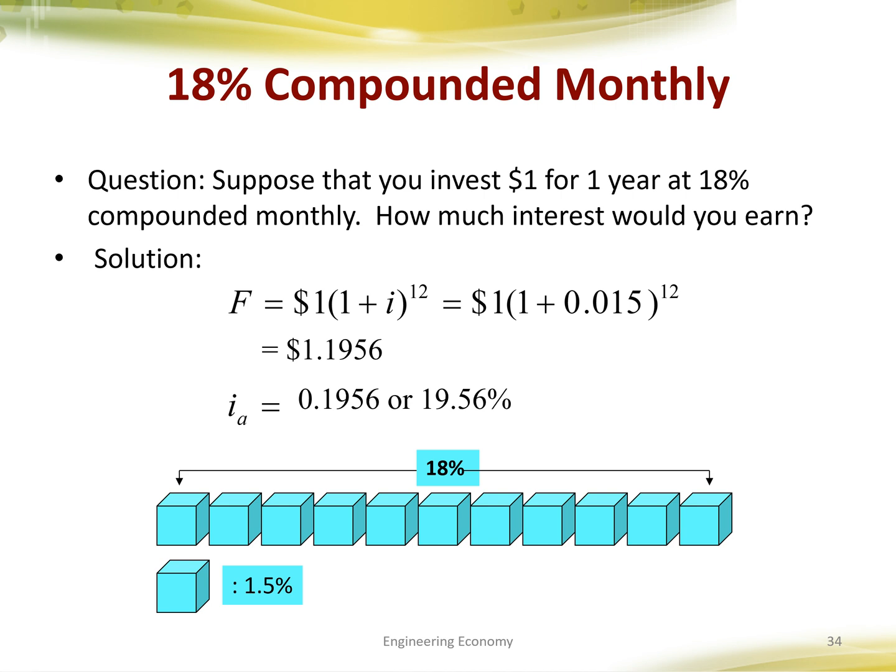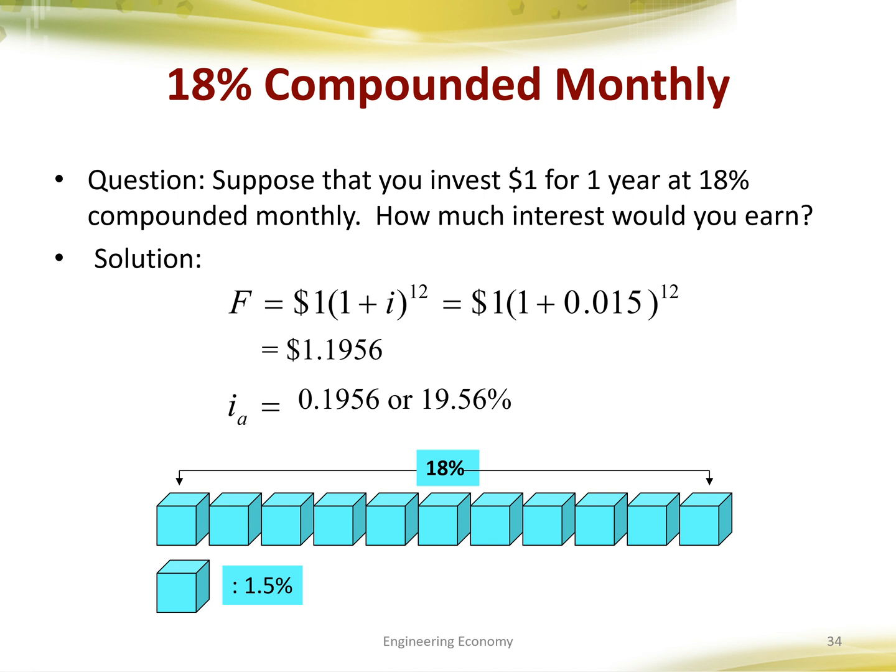In this case, it is 19.56%. So meaning that if we were quoted 18% nominal interest rate, and we want to know its actual interest rate for the year, which is the effective annual interest rate, it turns out to be 19.56%, which is larger than 18%.